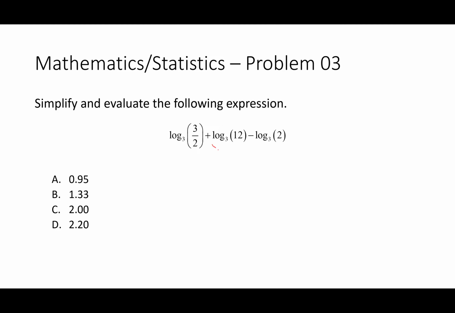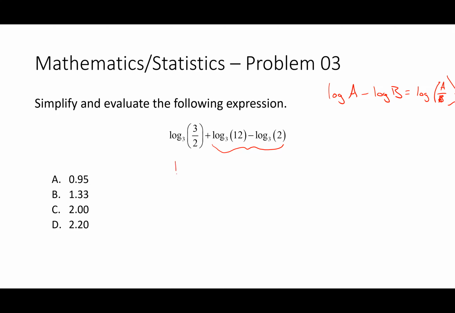First off, it might have been a while, but if you remember from logarithms, if you have the logarithm of a minus the logarithm of b, that equals the logarithm of a divided by b.